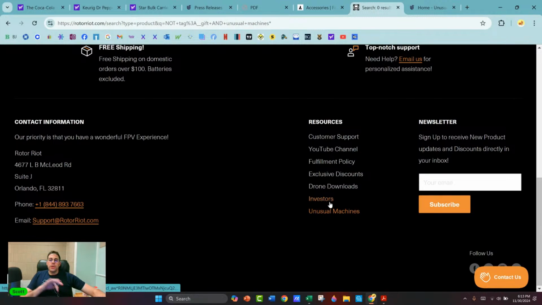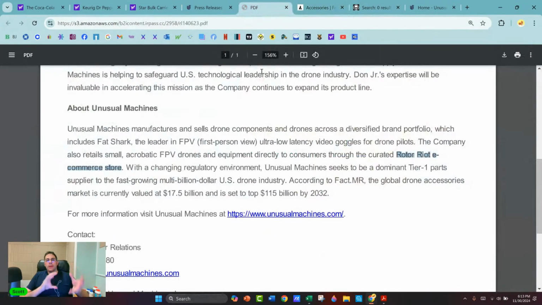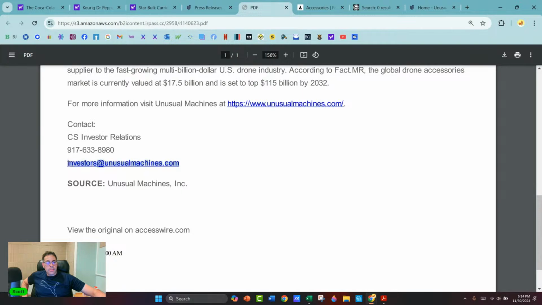I think Unusual Machines sells something. I don't know what they sell, but something related to the drone, and other companies sell the actual drone. Unusual Machines just sells drone components. But they say and drones, which includes Fat Shark. I'm going to email them.